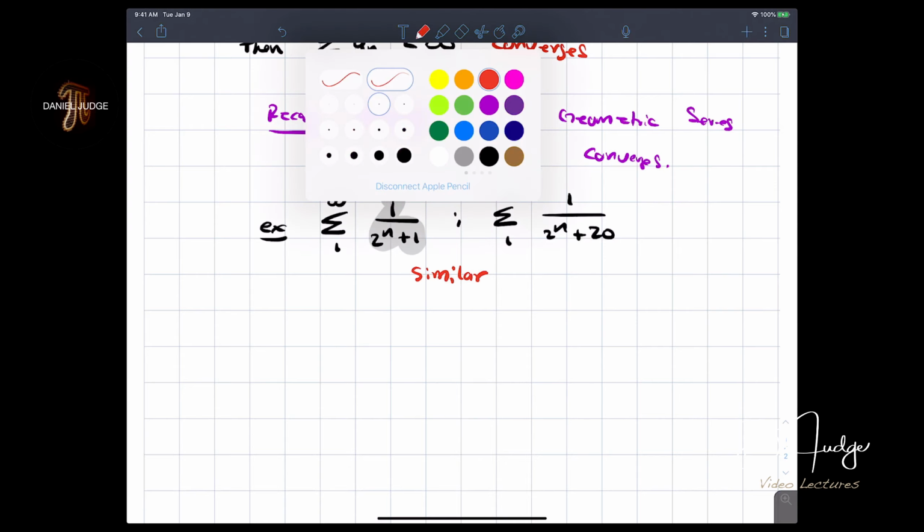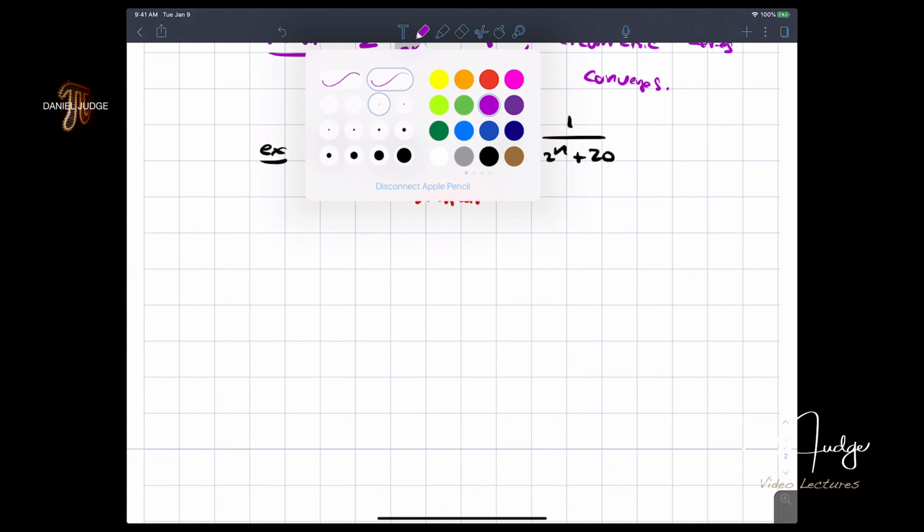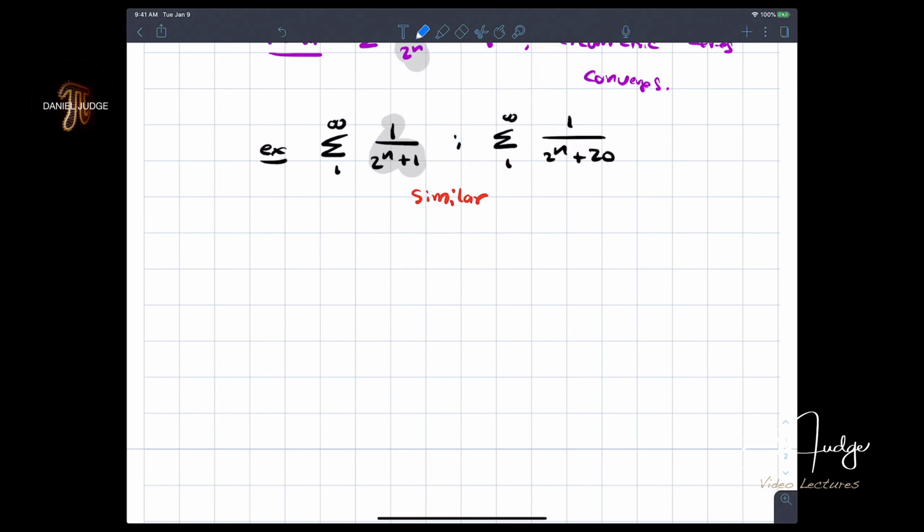Anyway, here's what we know. There's a relationship here between the two series, right? Let's write this down. What's the relationship? Well, we're going to relate 1 over 2n plus 1, we know is smaller than 1 over 2n.